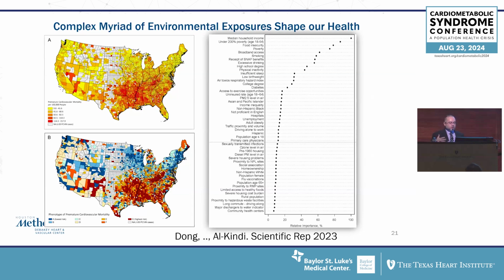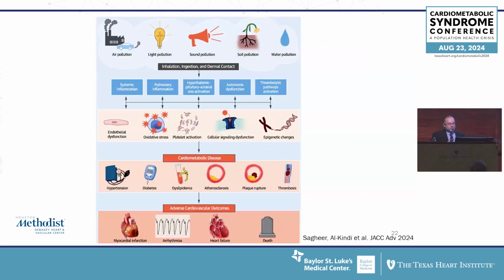So this is an analysis where we looked at premature cardiovascular mortality throughout the United States, and we showed that you can actually start to rank and look at the intersection between some of these things that can impact health and things that may not be very apparent to us in the clinic, including even broadband access or insufficient sleep or having access to exercise opportunities, which come up to be among the top contributing factors to cardiovascular mortality.